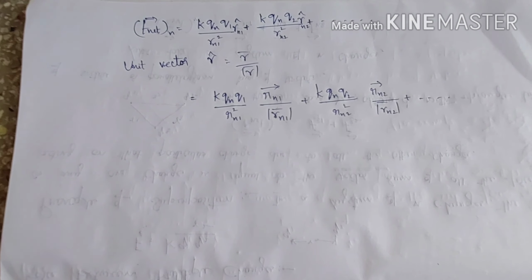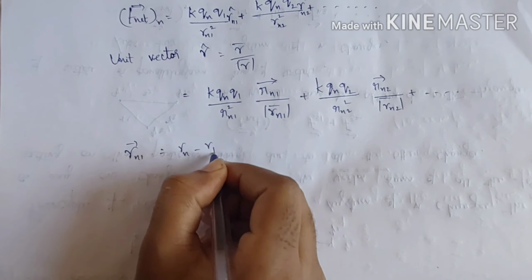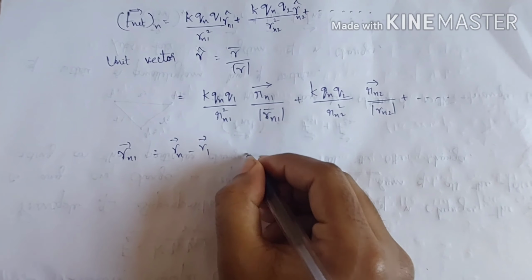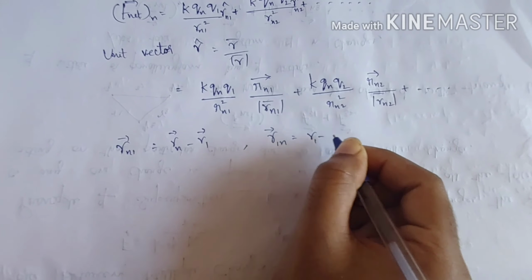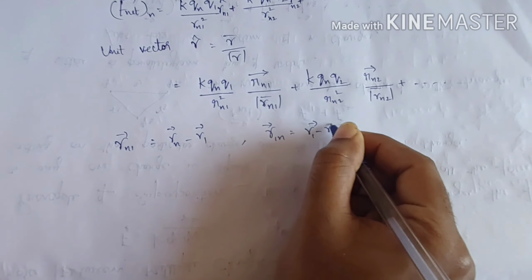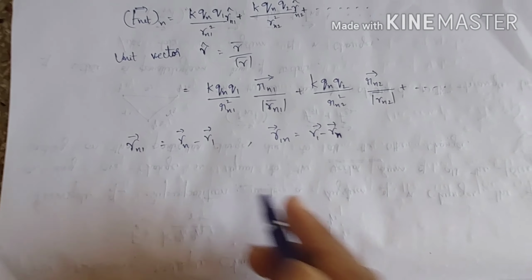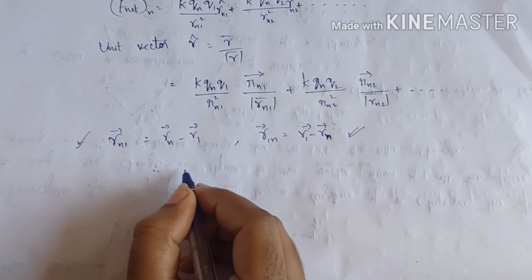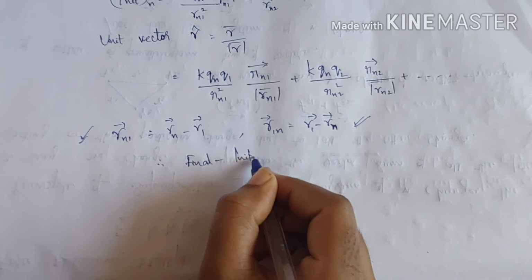In a few books they follow Rn1 as Rn minus R1. To find the position vector, a few will write like this and a few will write like that. So we have to follow the convention. Few schools will follow this and few schools will follow that. Actually, when you are writing position vector, it's always final minus initial.